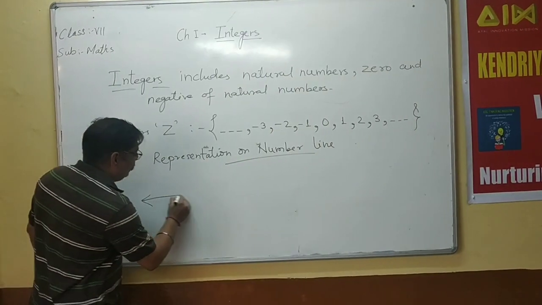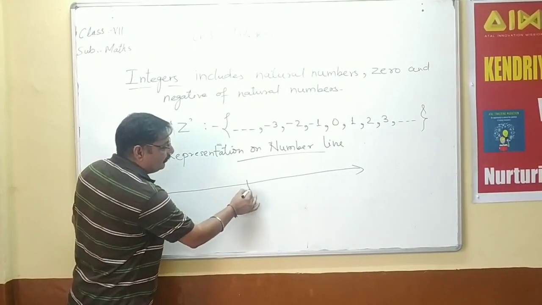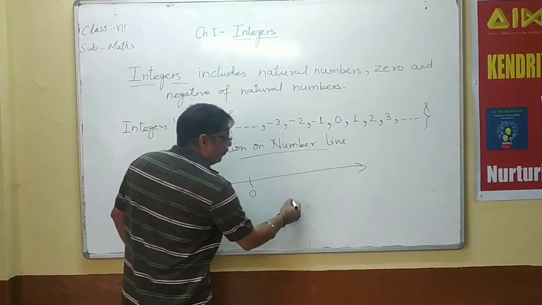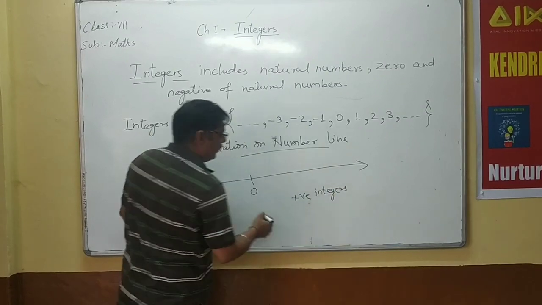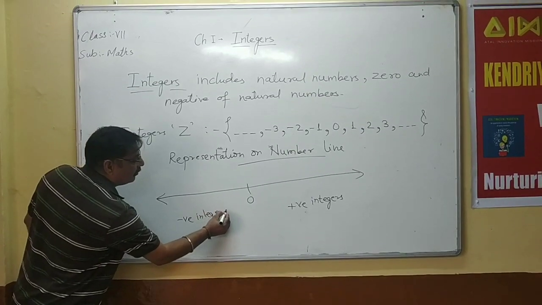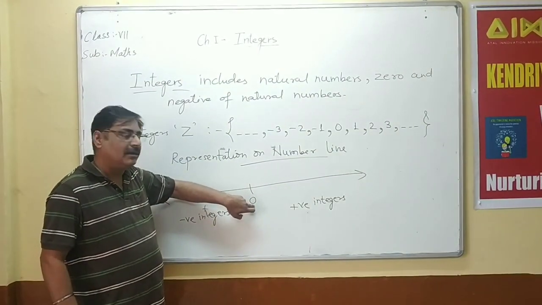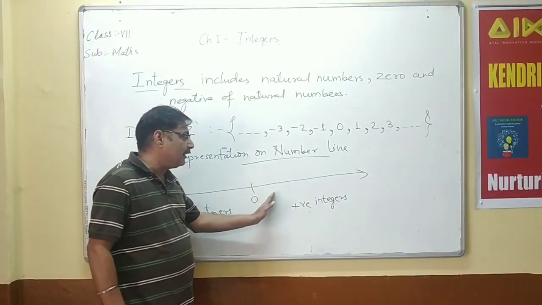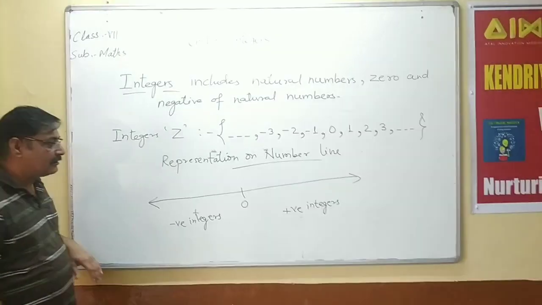If we draw a number line and we take 0 anywhere on it, then on the right of 0 we have positive integers, and on the left of 0 we have negative integers. Mind it, 0 is neither negative nor positive. 0 नेगेटिव भी नहीं है, पॉजिटिव भी नहीं है. 0 के राइट में हम पॉजिटिव इंटीजर्स लिखते हैं, 0 के लेफ्ट में हम नेगेटिव इंटीजर्स लिखते हैं.